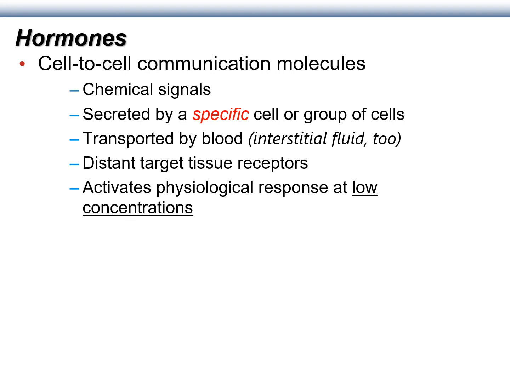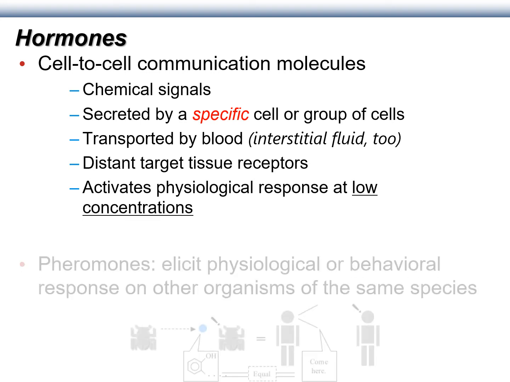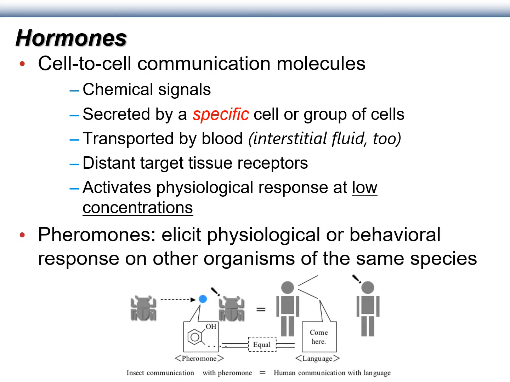Responses have been recorded in model systems with as few as literally one molecule. They have assays so sensitive now that they can actually record responses at one molecule, and that implies a large amount of amplification in the target tissue, as I discussed with, for instance, protein kinases or cleavage cascades and second messengers.